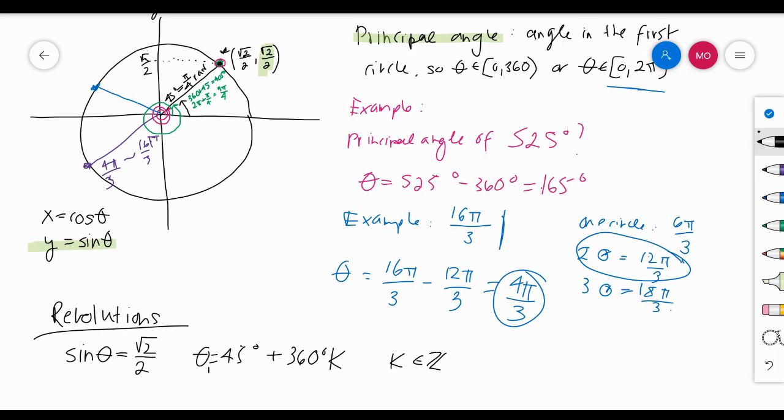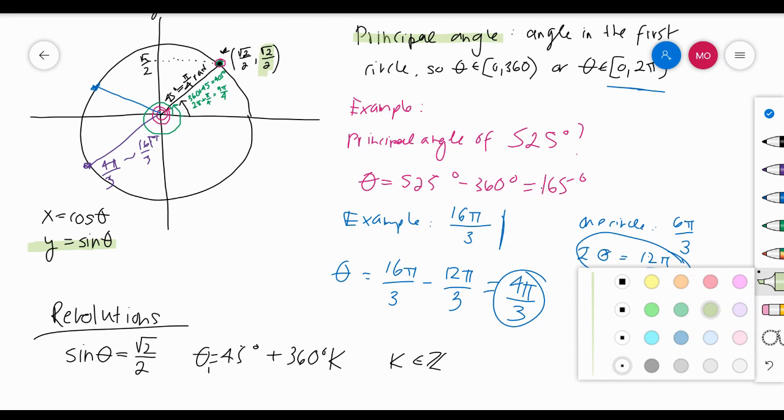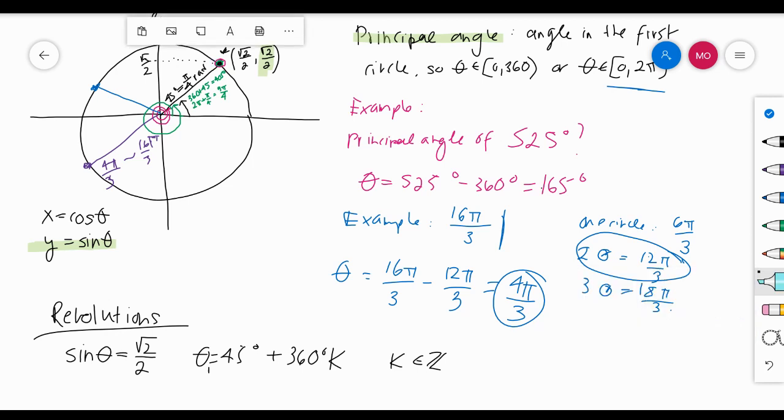There happens to be a second value for that. Let's go get it. Along this line here are all values where the y coordinate is root 2 over 2. So there's obviously a second spot on the circle, this spot here, that has a sine value of root 2 over 2. We would also need to figure out what that angle is. If you remember, this angle with the x-axis is also 45.